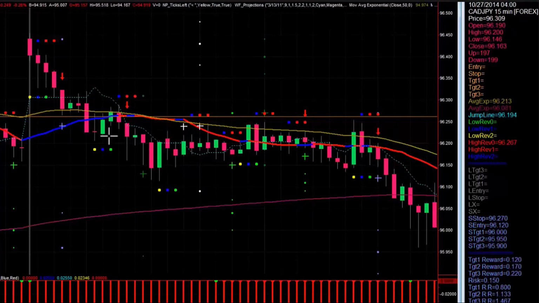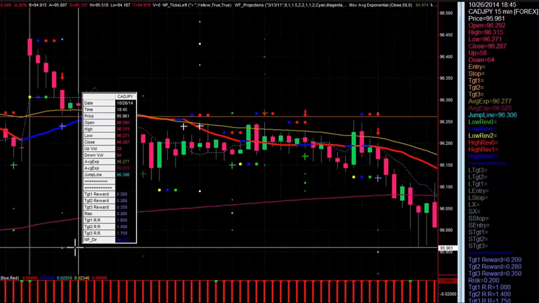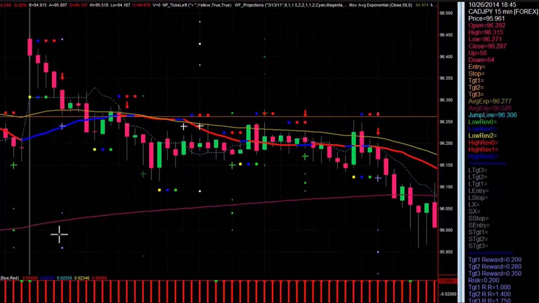But look at the original Asian session trade. We didn't get into here, but look, target 1 gets hit, target 2 hit perfectly. Target 2 is at 95.96, and that bar stabs down to 95.96. Like I said, this works in mysterious ways.